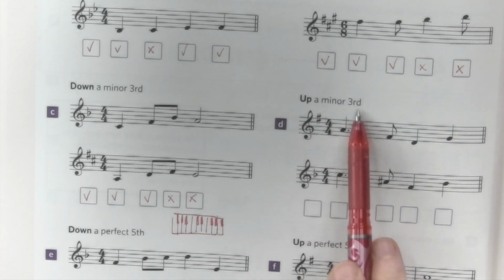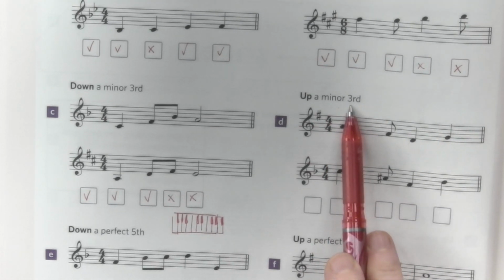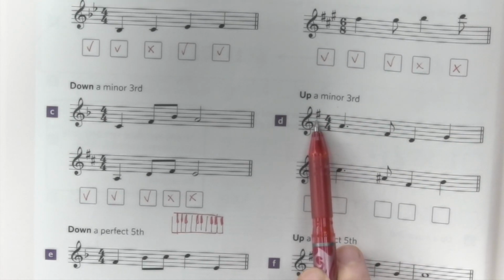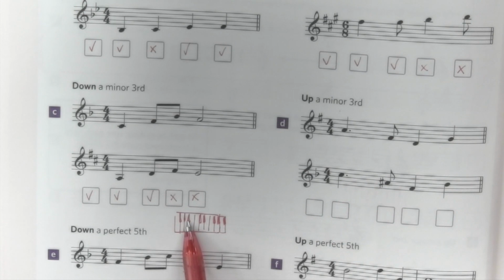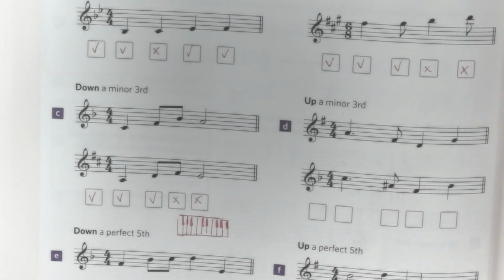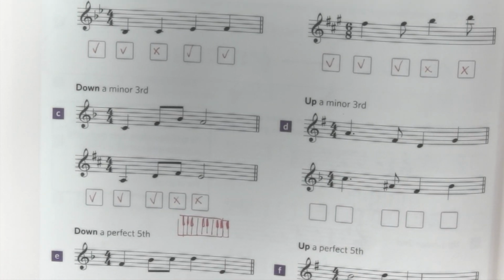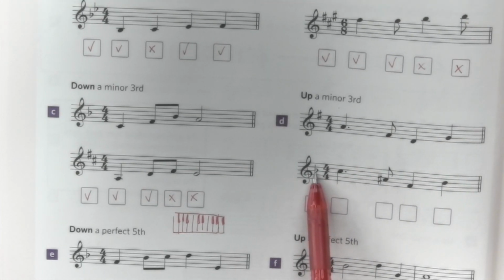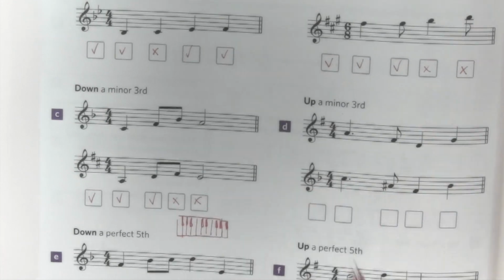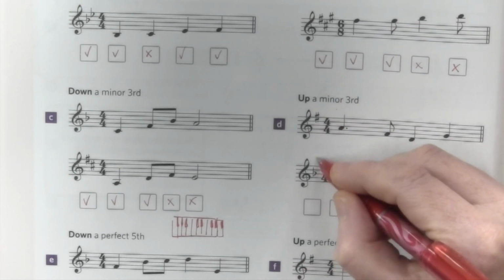The next one is up by a minor third. G major up by a minor third is 1, 2, and 3, B flat. Now, I did say that the key signatures were all correct, but this one is not, because the key signature of B flat has 2 flats. This is our penultimate flat, so it's missing 1 flat here.